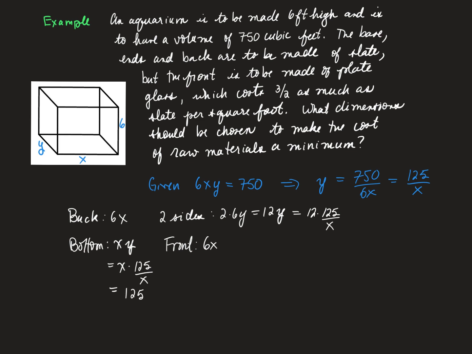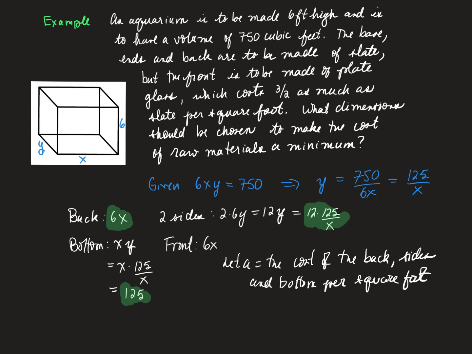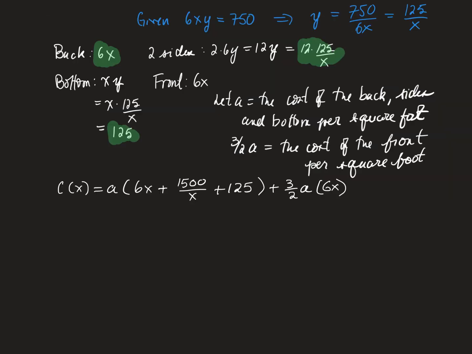And now keeping in mind that the cost of the back, the sides, and the bottom are all the same, let's let A be the cost of the back, sides, and bottom per square foot. Then we're given that 3/2 A is the cost of the front per square foot. And now we can get a nice formula for the cost in terms of x. So I've gone ahead and written that out.